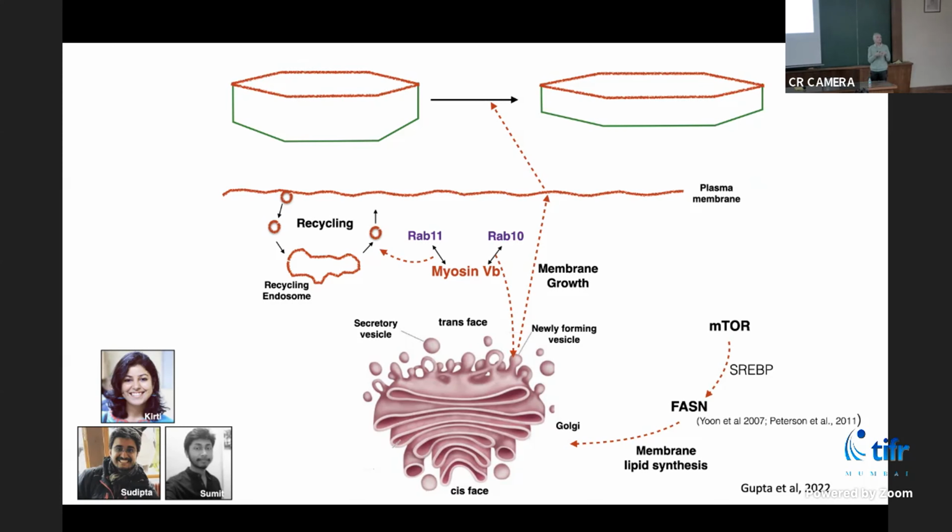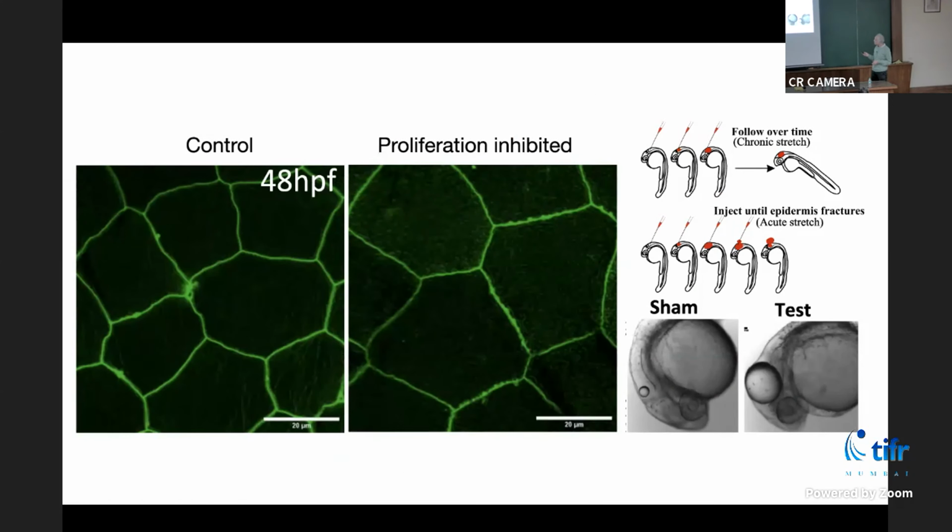Now, if you make the cells big, and if you form the epithelium with bigger cells, would that have any consequence to the animal? And how do we go about this? So what we did is that we inhibited proliferation, and when you inhibit proliferation, the cells actually grow big because your number is now reduced. Cell proliferation basically achieves more number of cells, and if you inhibit that, the cells have to grow bigger so that they can cover the entire surface of the fish.